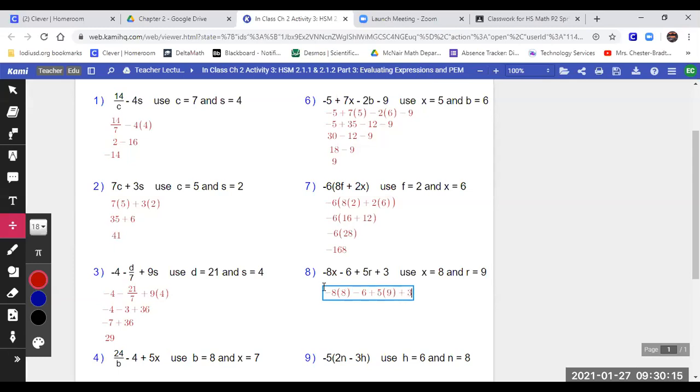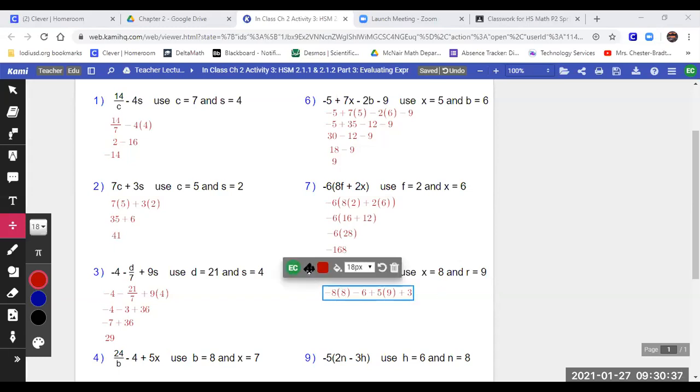And then I say +3. So I did not change any of the numbers that we had. I just went ahead and popped into the spots what the X stood for and what the R stood for.